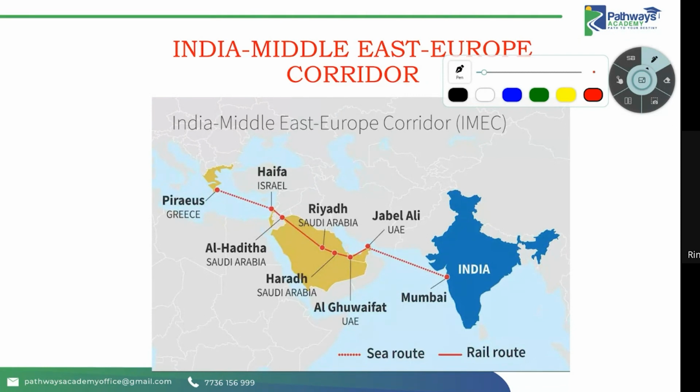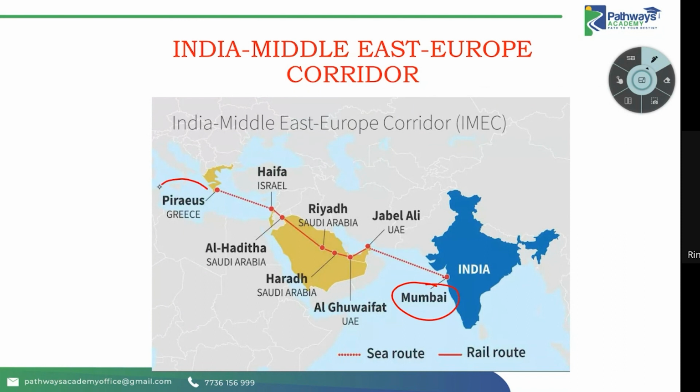So the first corridor is the India, Middle East and Europe corridor. Here you can see it connects from Mumbai to Piraeus port in Greece. Actually, in this corridor, there are two components.